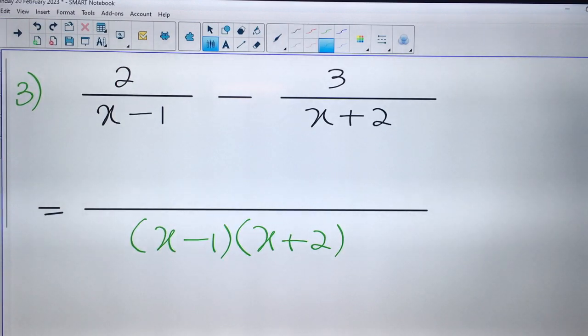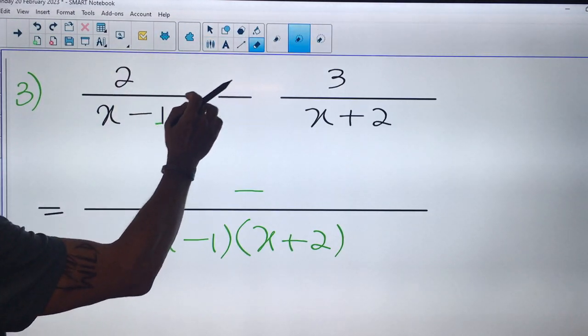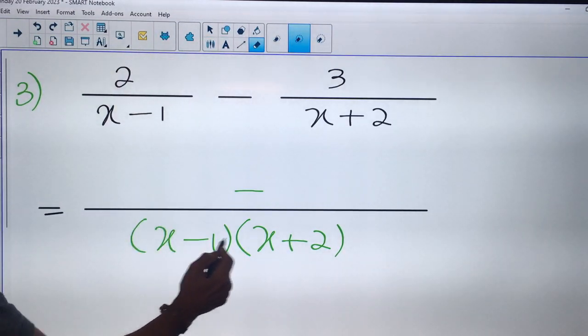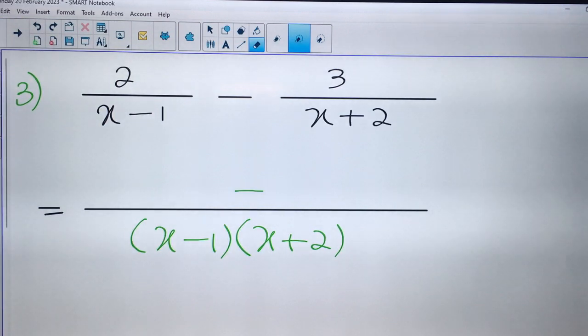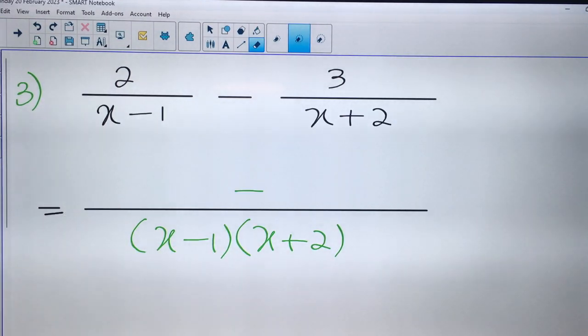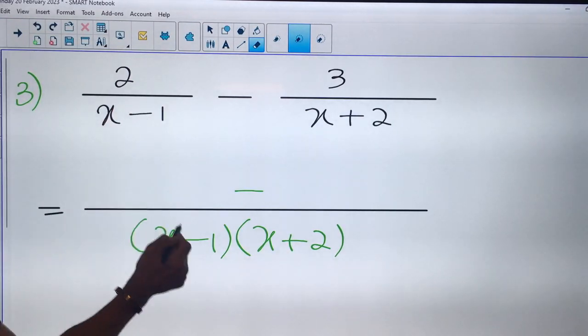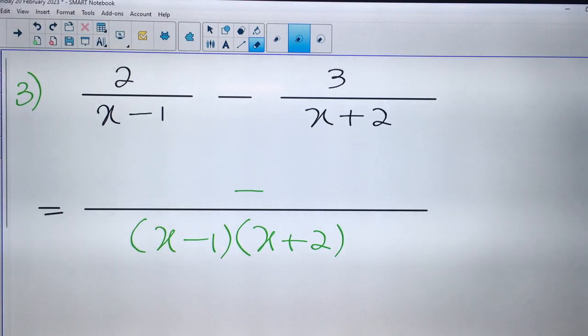Okay, now here's the next step. How did I change x minus 1 to become x minus 1 times x plus 2? What extra was put here at the bottom? What did I multiply this with to get all of this?